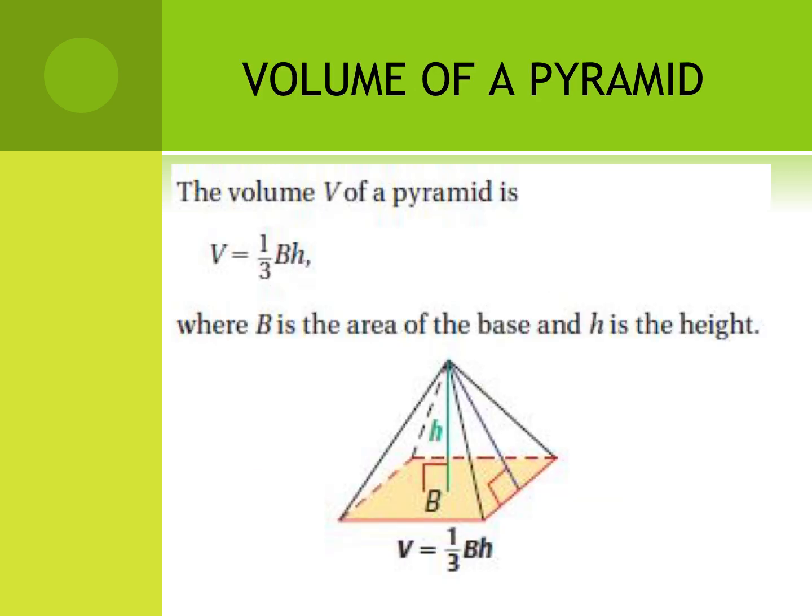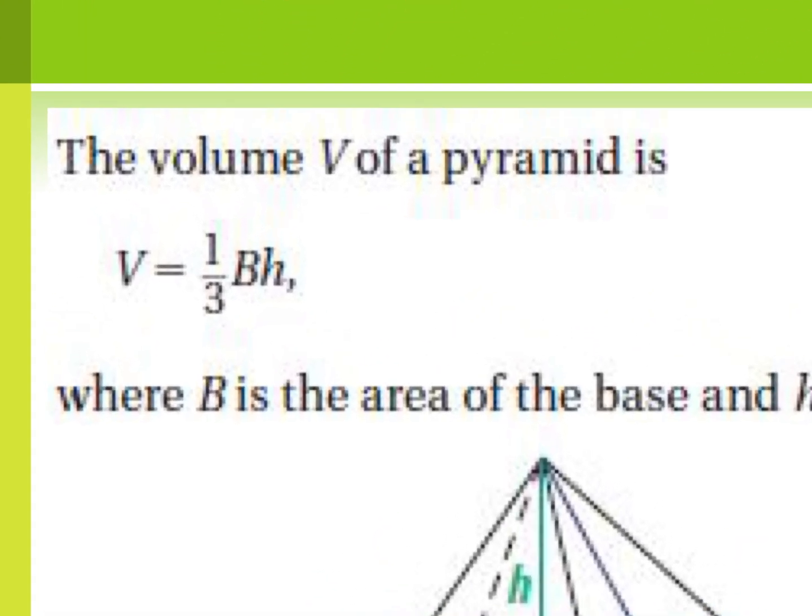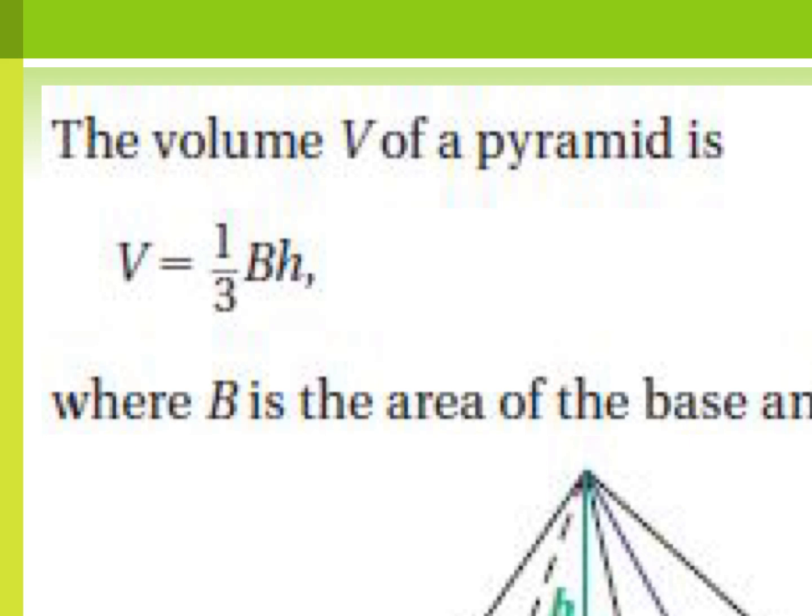Now, the volume of a pyramid has the following formula. It's V equals 1/3 capital B times H. It's the exact same as the volume of a prism, but what's added? It's 1/3.